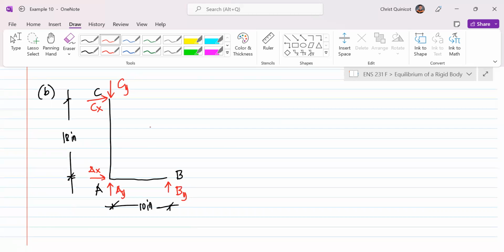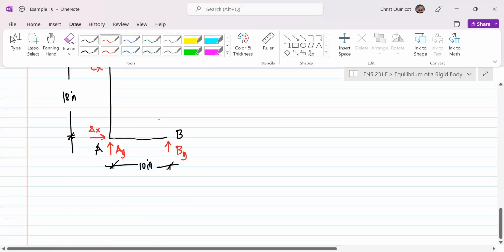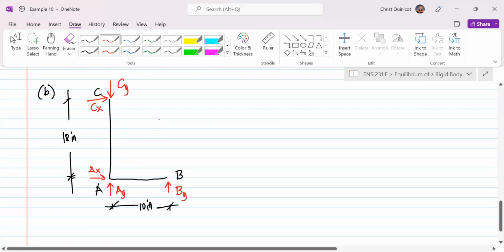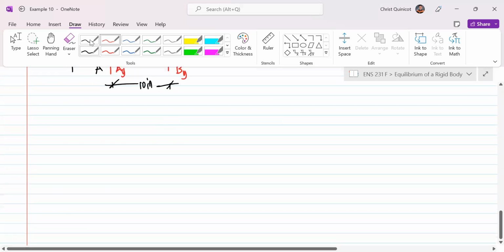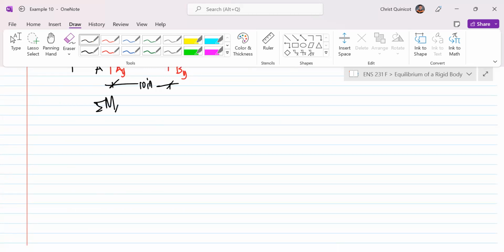Okay. So if we do force summation in the x, we can immediately calculate for our A sub x. However, if we do force summation in the y, we'll end up with two unknowns, that is A sub y and B sub y. So what we can do is moment summation at A, since our C sub x is given. Okay, so that is summation of moment at A is equal to 0, assuming counterclockwise positive.